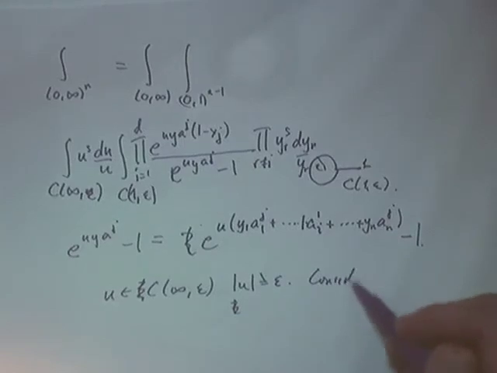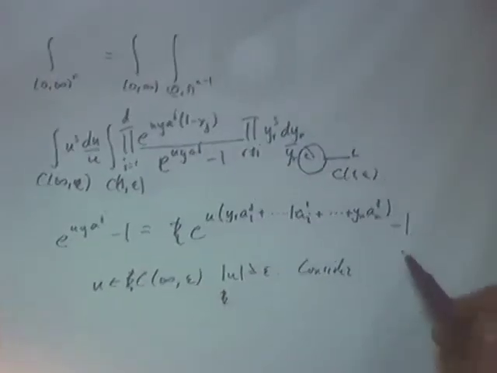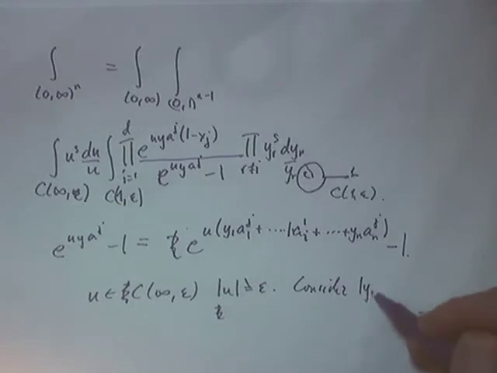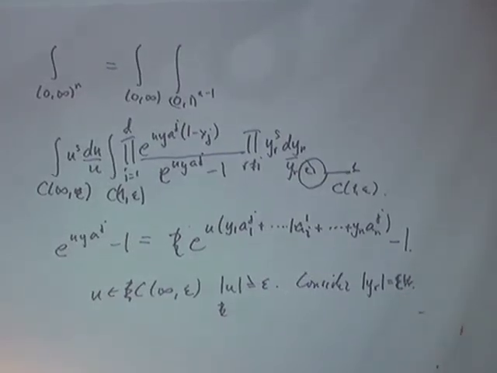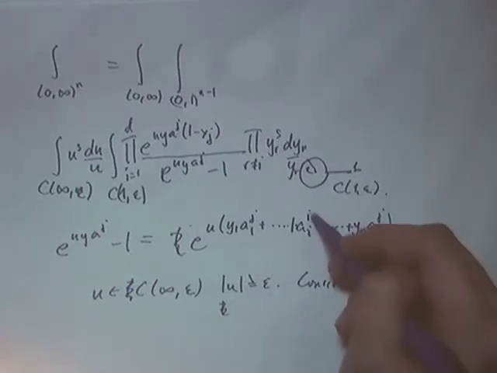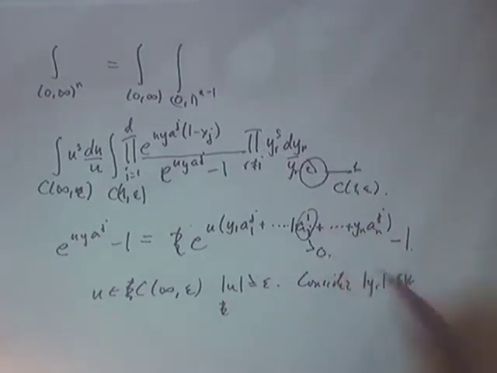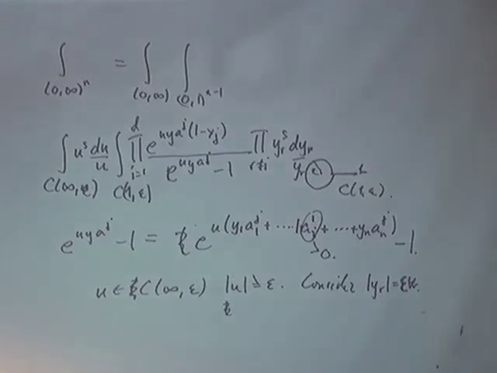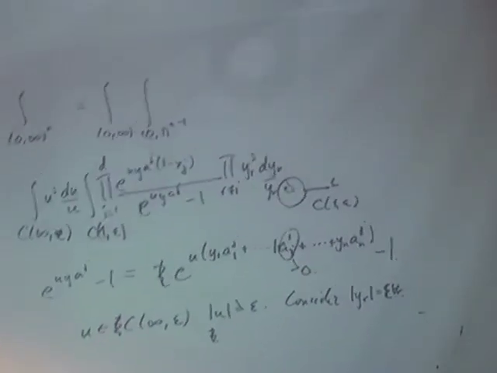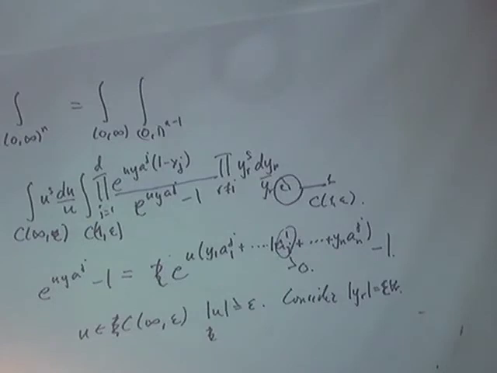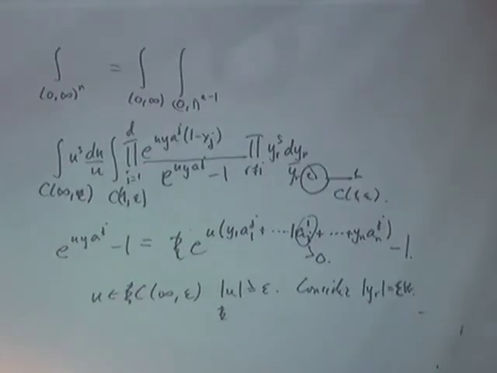And we want to consider the part of the contour where we circle the origin. So let's consider y's of small modulus, so things on the polydisk of radius epsilon. Because all of the entries of our matrix A are assumed to be positive, if y is small enough, then this will be essentially just A_{i1}, which means that it's not going to vanish for epsilon small enough.